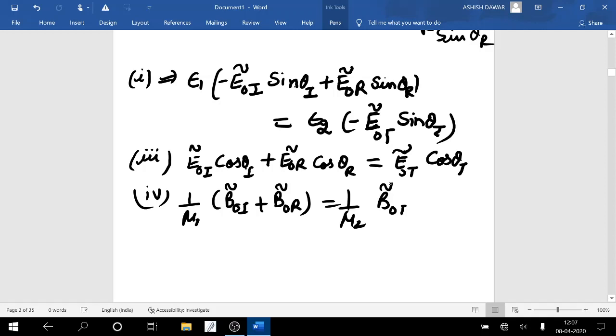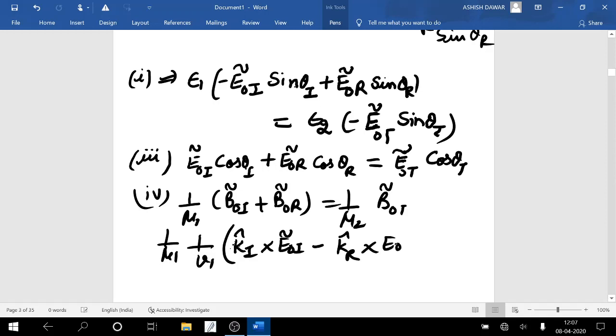So here we put the values: 1 upon mu1 v1 (Ki cross E0i minus KR cap cross E0r) equals 1 upon mu2 v2 KT cap cross E0t.